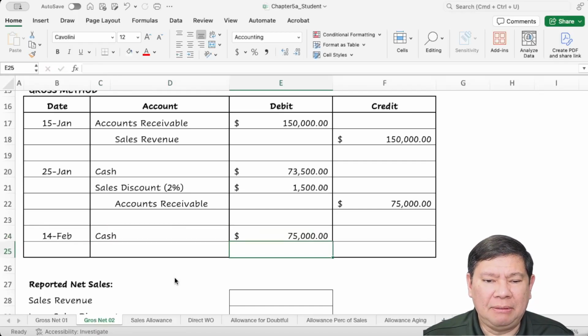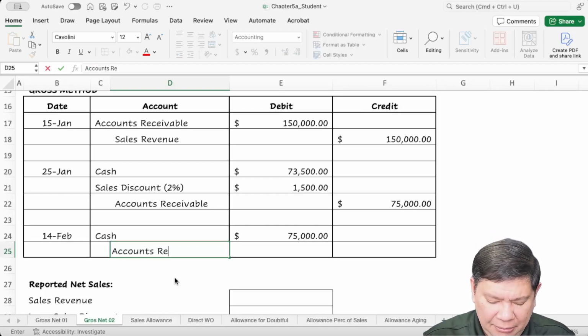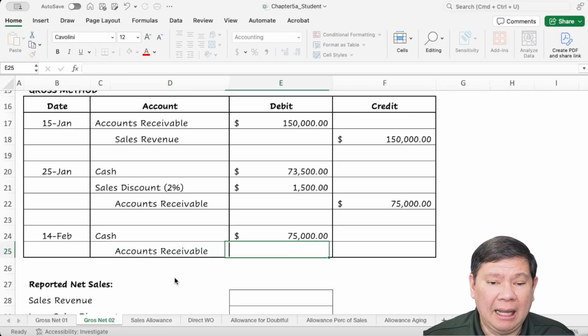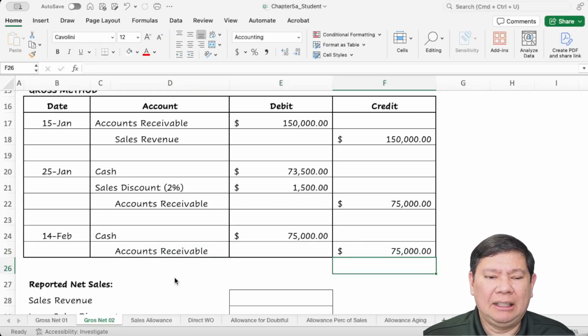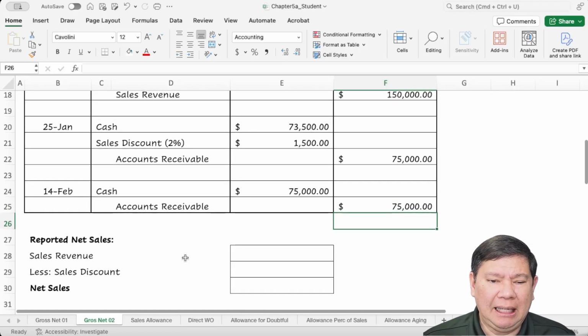For the second payment, done on February 14, after the discount window, we will receive cash in full for the $75,000. And we cancel the accounts receivable that we still have, $75,000. So now all the accounts receivable have been paid. What about the sales revenues?